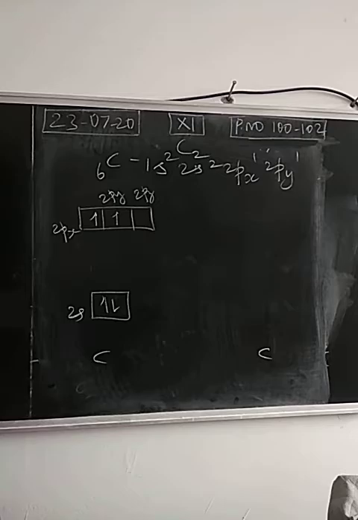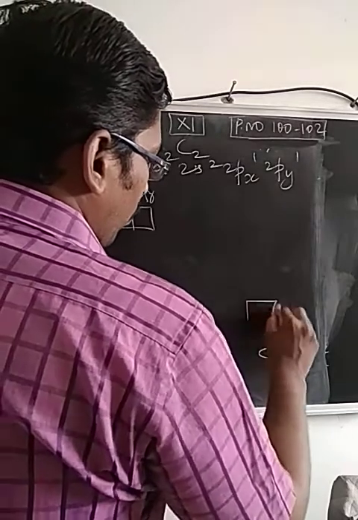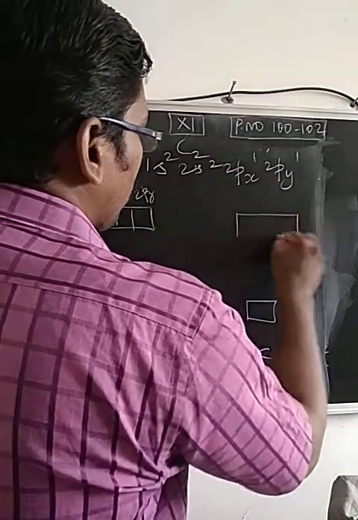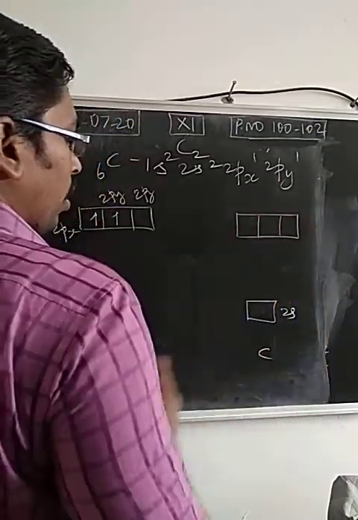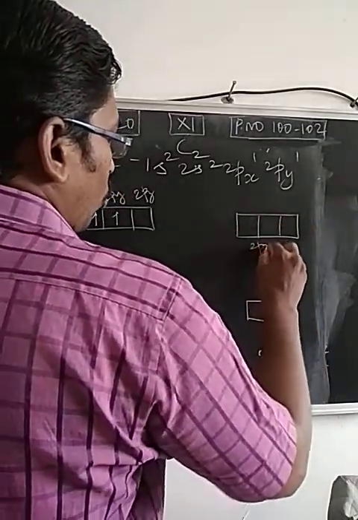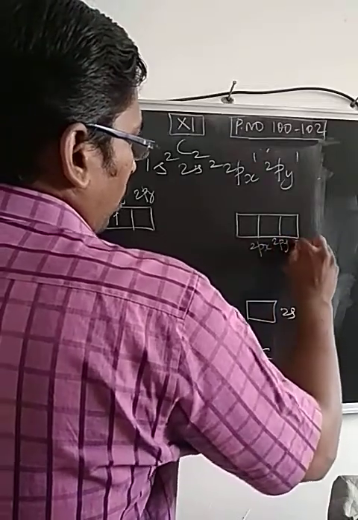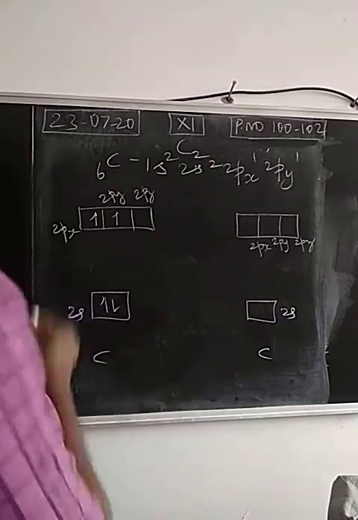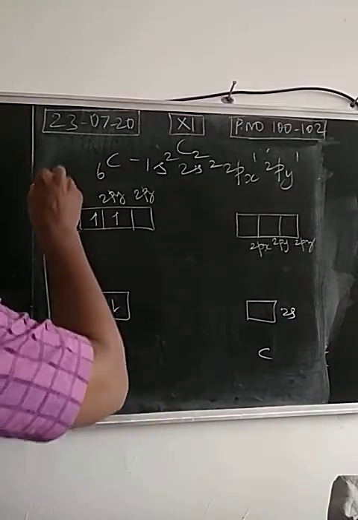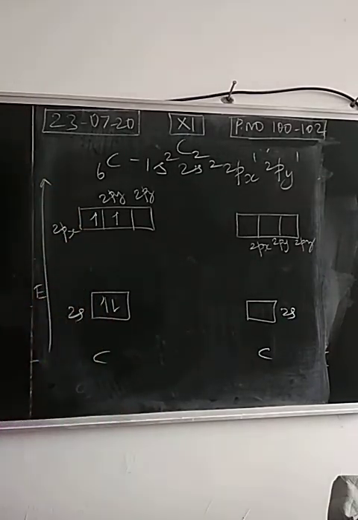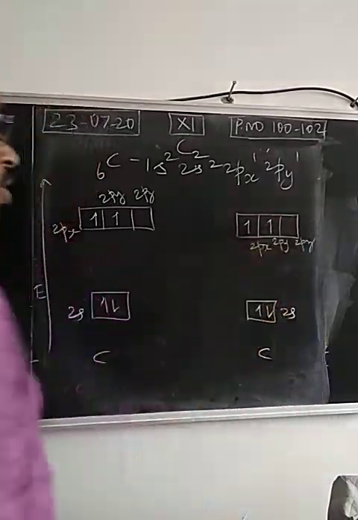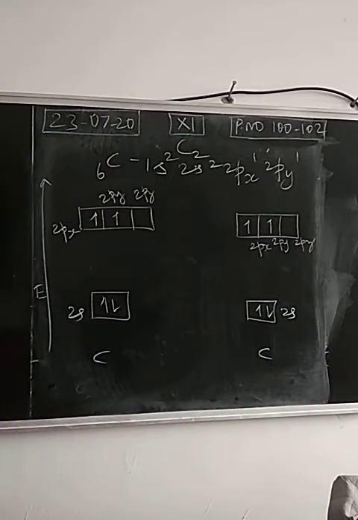This is for the first carbon. Second carbon also the same: 2s orbital, 2p orbital, this is 2px, 2py, 2pz. The energy is increasing in this order. Electronic configuration as usual 1s2, 2s2, 2px1, 2py1.